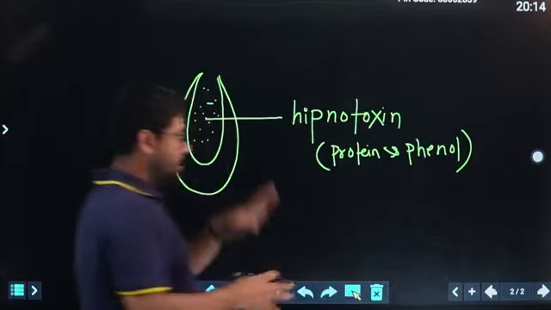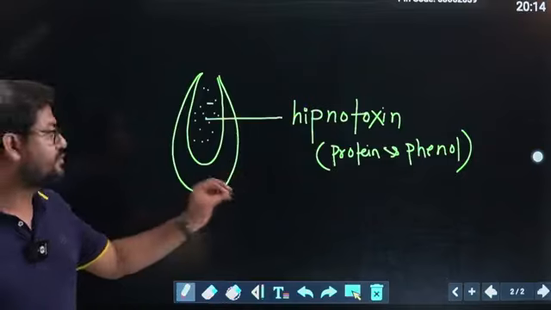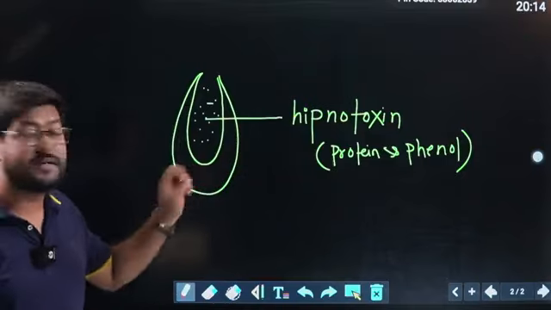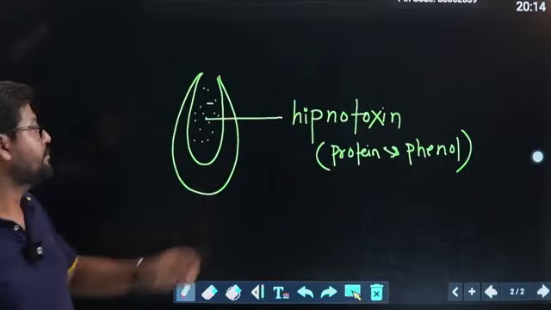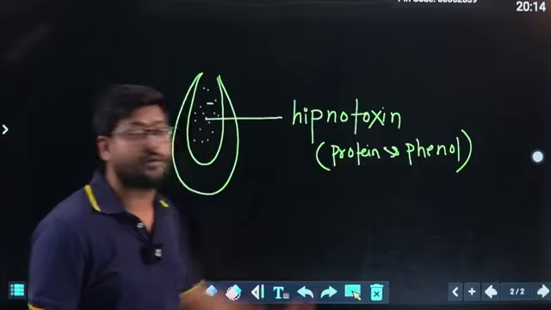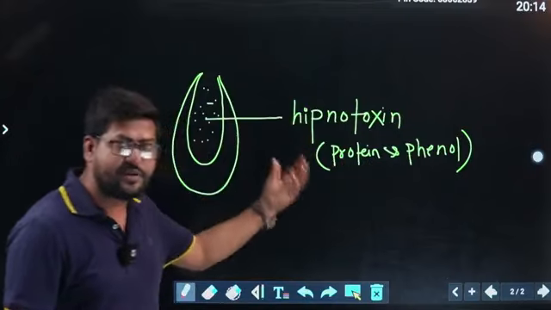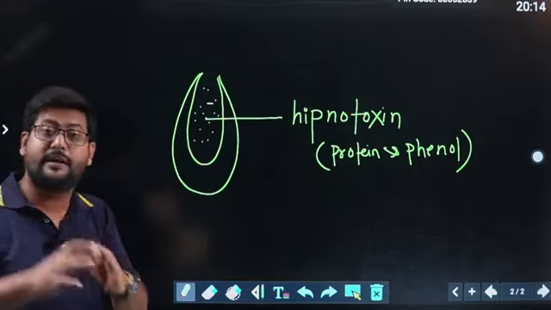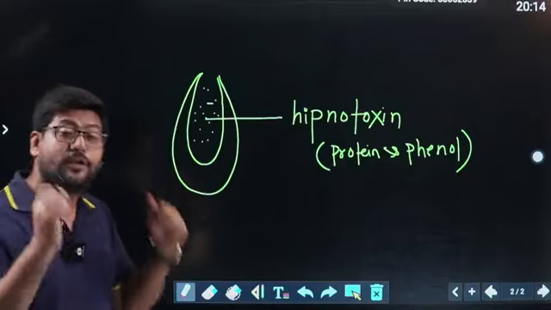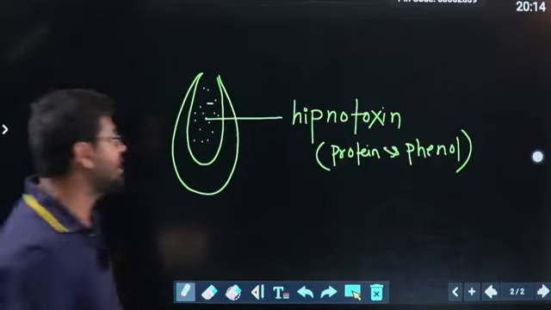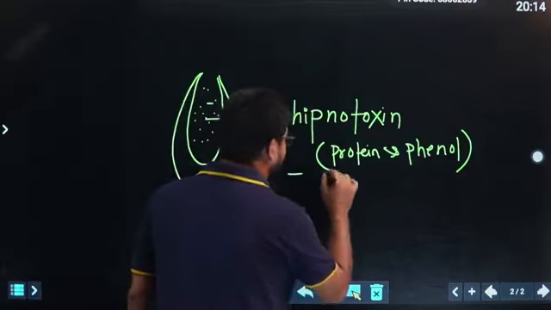So you have to remember this information, importantly, because it always comes in your exam. It is protein and phenol. So both form a chemical that is poisonous, and it can hypnotize because it works on the nervous system. That is why you can also say it is neurotoxic.